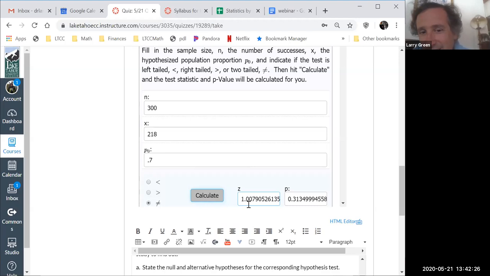The Z is almost exactly 1, which is interesting. Again, I just randomly chose some numbers. I didn't make that on purpose. And then the p-value is 0.3135.